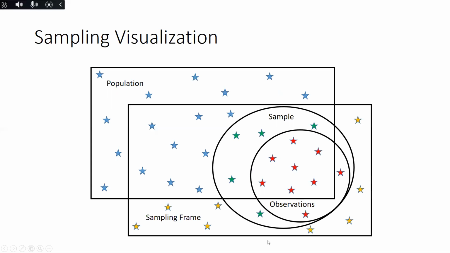In a moment, we'll talk about different methodologies for choosing a sample. And then the people who actually participate in our study, once they've been sampled, those are going to be our actual observations. So that little set of red stars are the observations actually in our study. And the ratio of observations to sample would be our response rate.